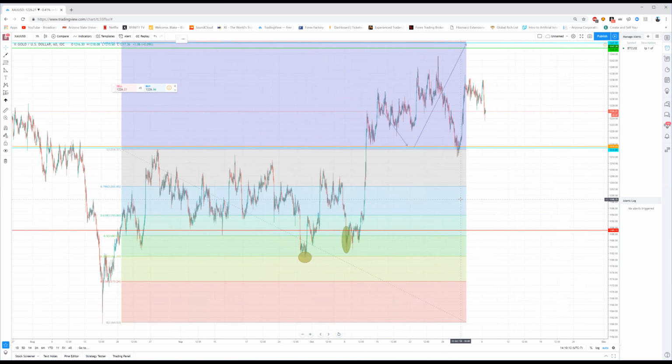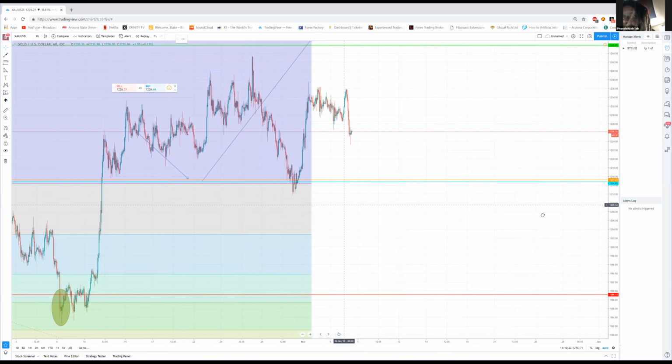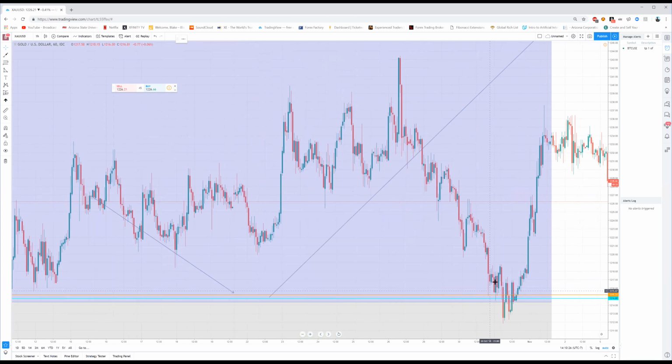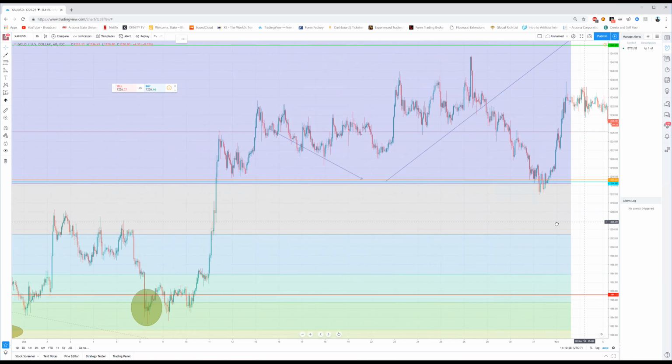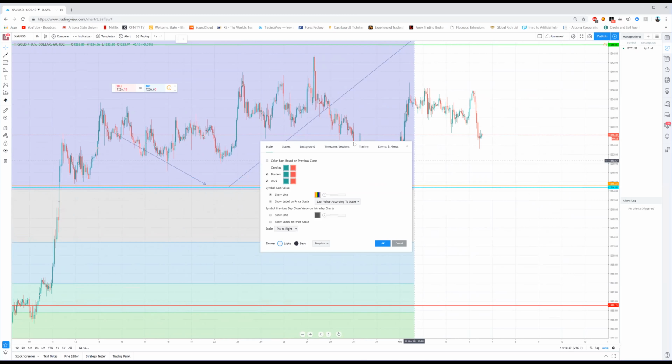Looking at gold, I haven't looked at this for a while actually. We saw that price did eventually come down to our level. It broke a little bit, but it pretty much stopped right where we thought it was going to. Let me pull the dailies back up.